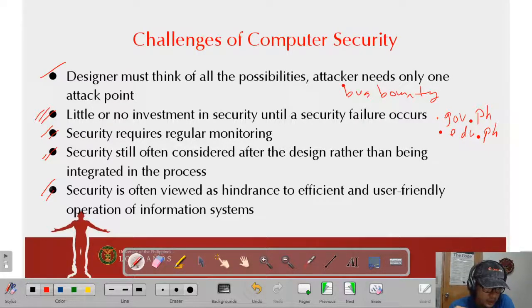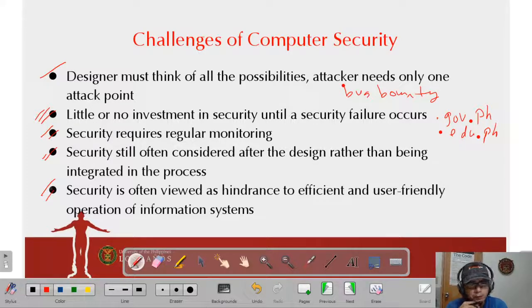And then when we switched to two-factor authentication, it's very cumbersome to look at your cell phone, get the code, and then plug it in to the prompt. Right? But eventually you get used to it. So most people would consider security as a hindrance to the efficient and user-friendly operation of the system.